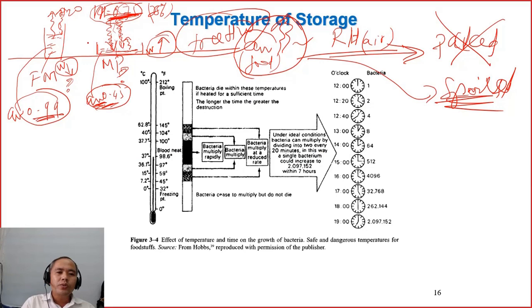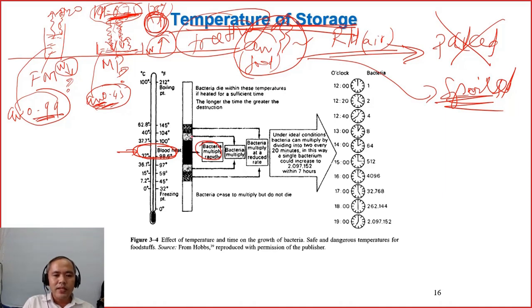And we go to the first extrinsic parameter. We go from the bottom to the top. Now we talk about temperature of storage. This is a very important parameter because it strongly influences microbial growth. Now we look at this range of temperature, the body temperature of an animal, 37 degrees C. Bacteria multiply very fast.